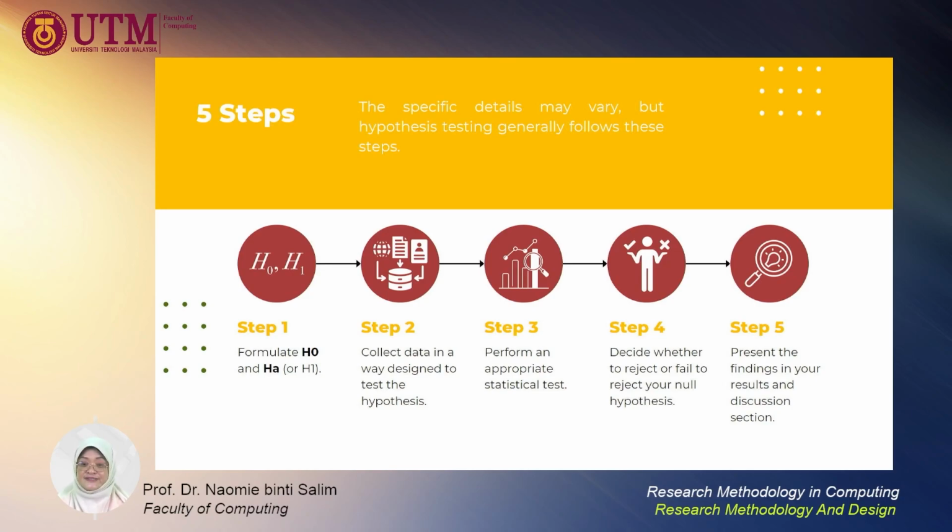In the fourth step, you decide whether to reject or accept your null hypothesis. And in the final step, you present your findings in the results and discuss the results in the discussion section. So these are the basic 5 steps that you can use to analyze your data.